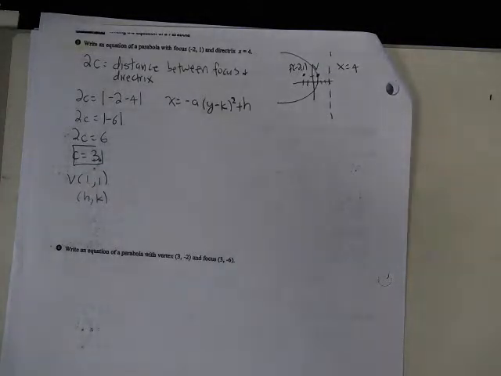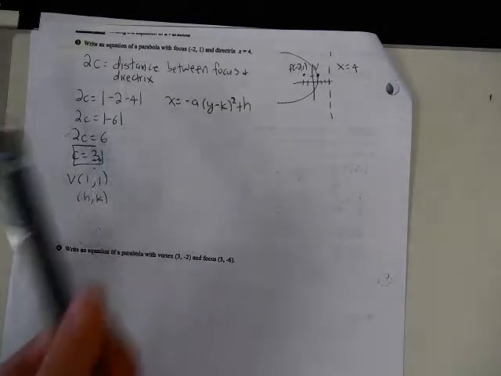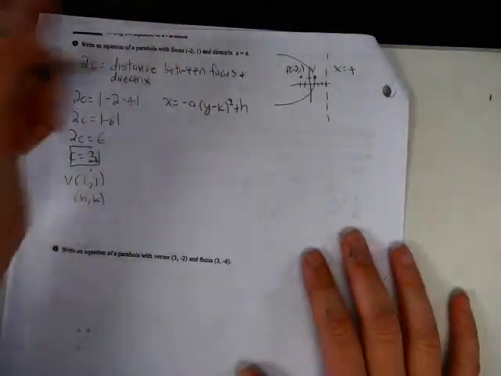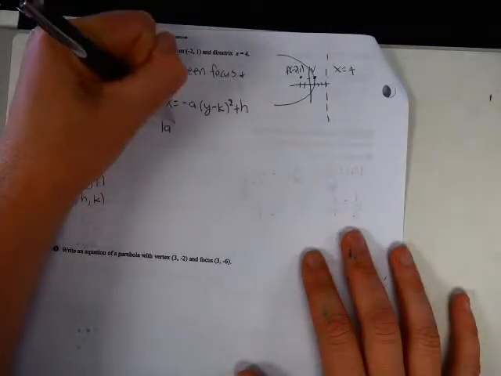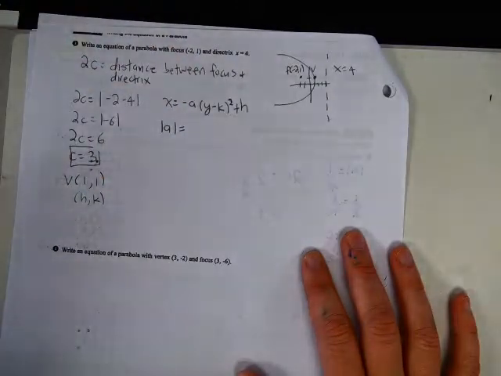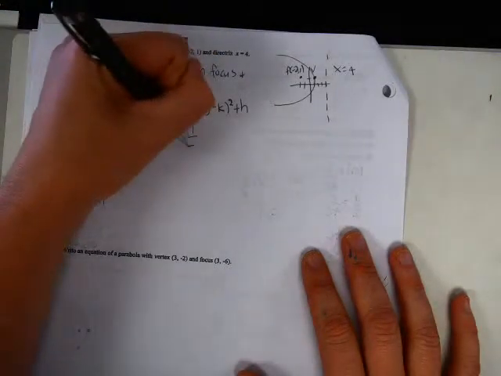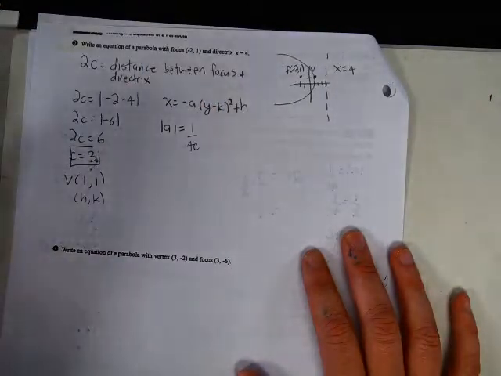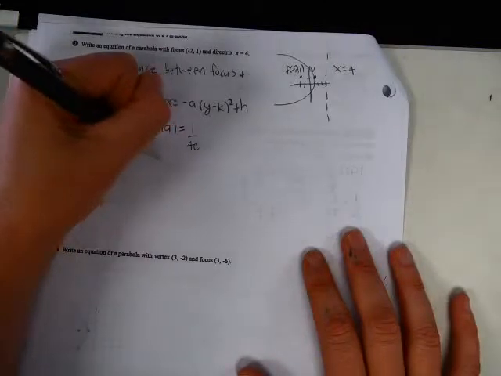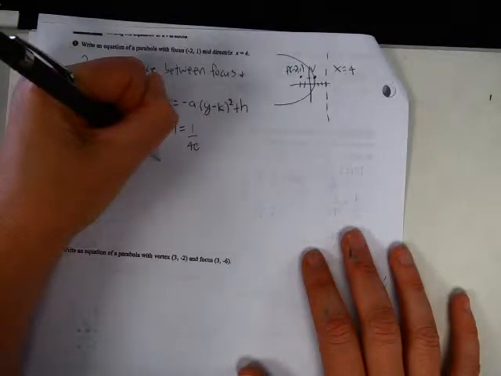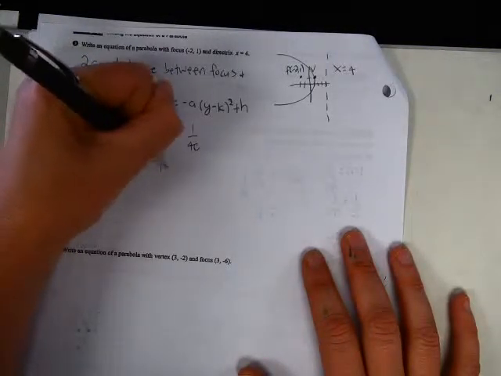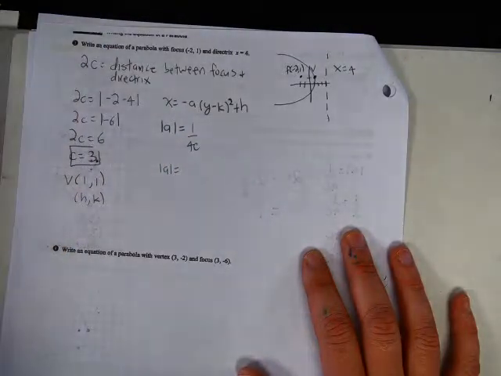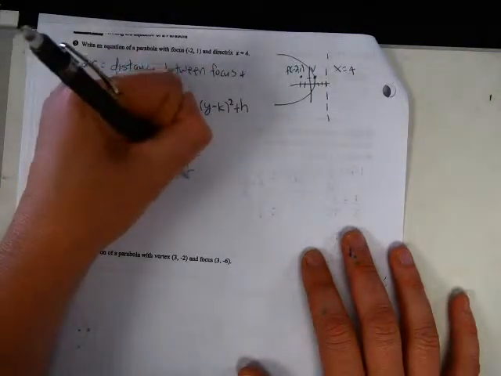And I can find my a since I have my c. So I will use my formula. The value of a equals 1 over 4c. The absolute value of a equals 1 over 12.